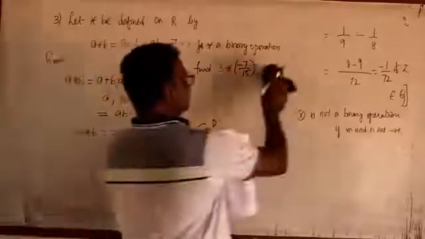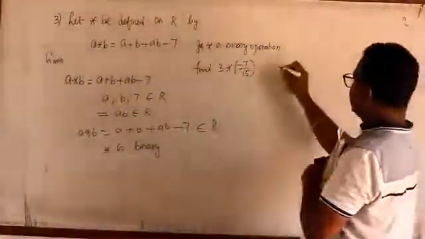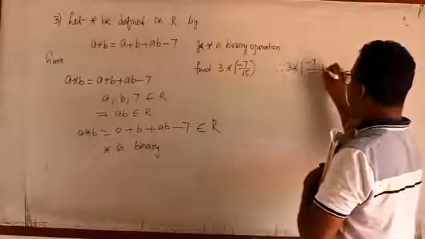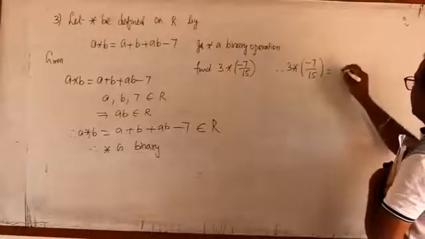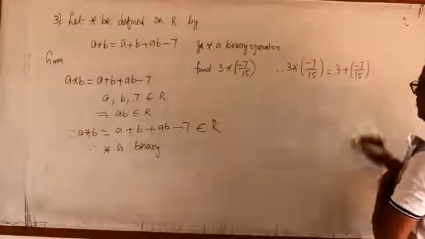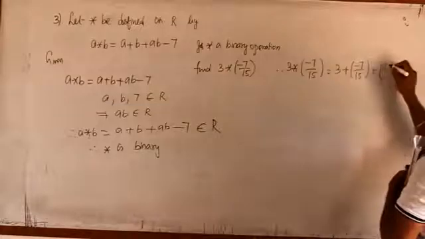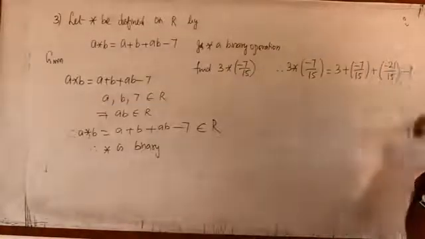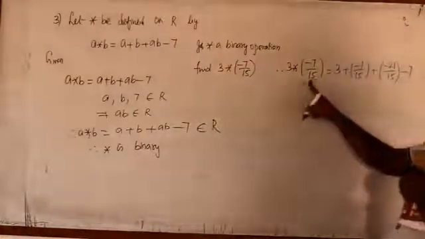If so, what is the answer they are asking? That is, 3 star minus 7 by 15. What is the operation? Add these two numbers: 3 plus minus 7 by 15. Now, plus multiply these two numbers: minus 21 by 15. And then subtract 7.